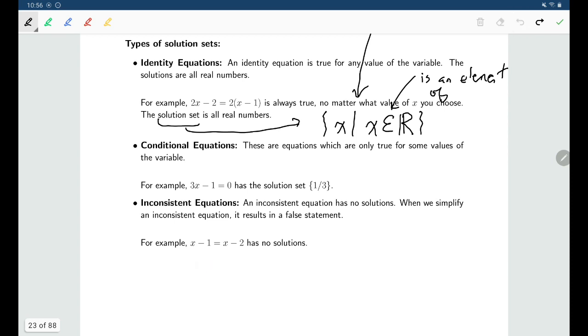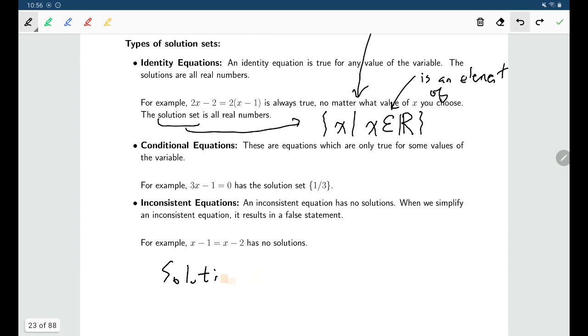So if you wanted to describe the solution set using set notation, you could write in words no solution, but you could also say in symbols, using the same curly brackets that we did before, curly brackets with nothing inside of it. So because there are no solutions, our solution set has nothing inside of it. That's another way that you could write no solutions.